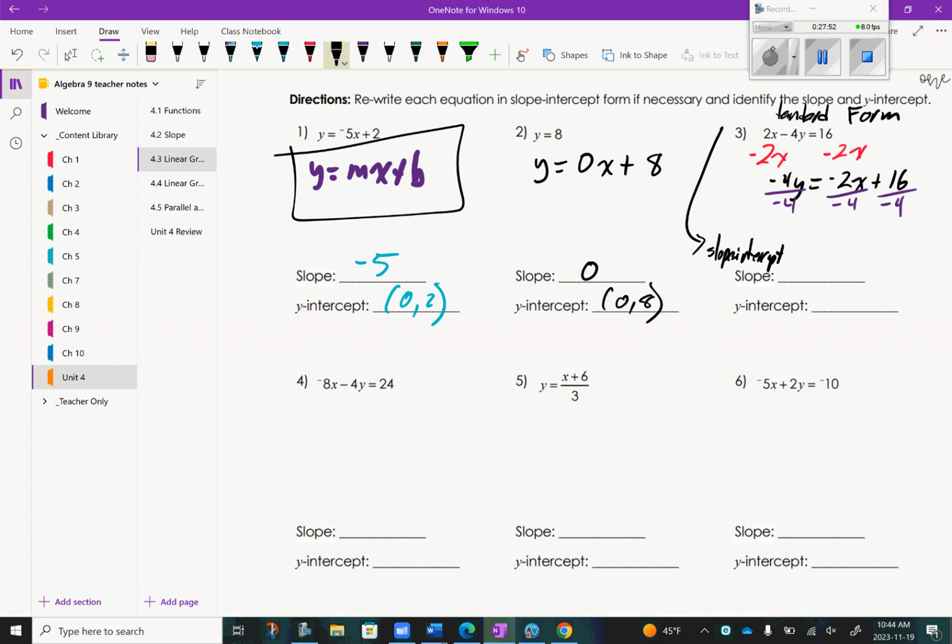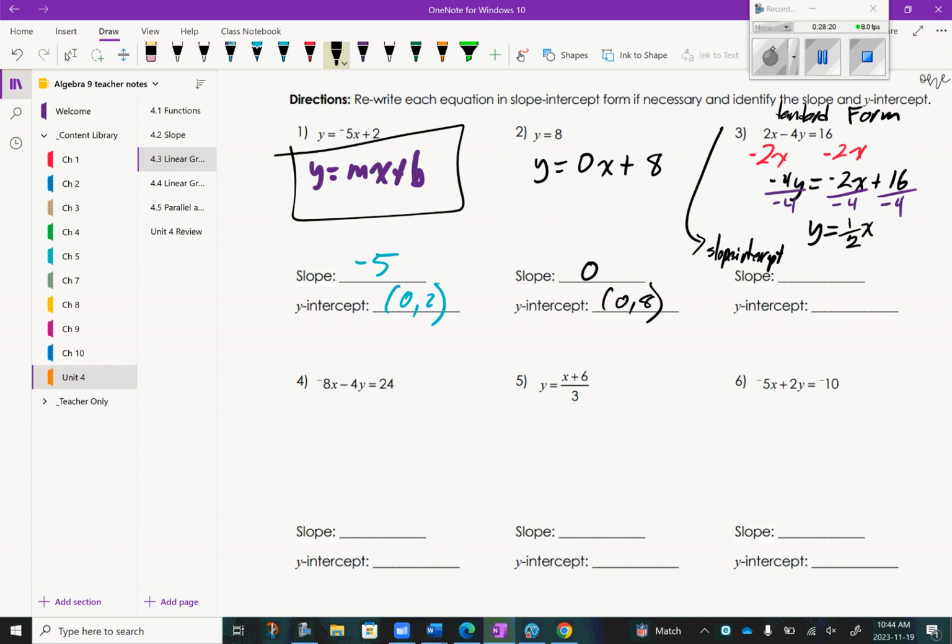Then I have to simplify this. Well, negative 4 divided by negative 4 is 1. So that gives me y, exactly what we need here for slope-intercept form. Now I have to take negative 2x divided by negative 4. Put the x off to the side here for a minute and just deal with the numbers. Negative divided by negative is positive. 2 over 4 reduces down to 1/2.